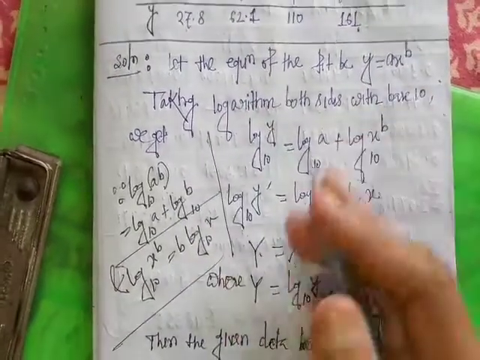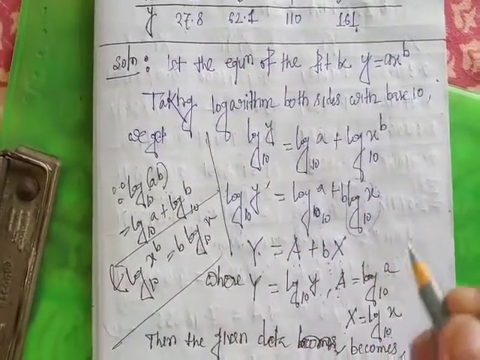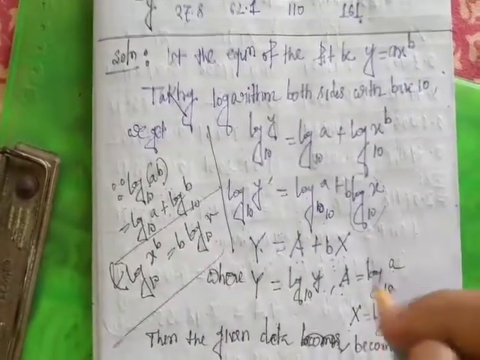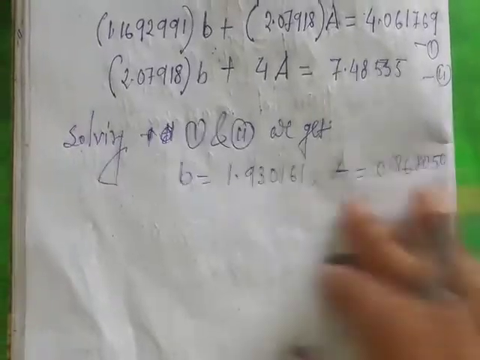the value of small a is 10 to the power capital A, where capital A equal to this.